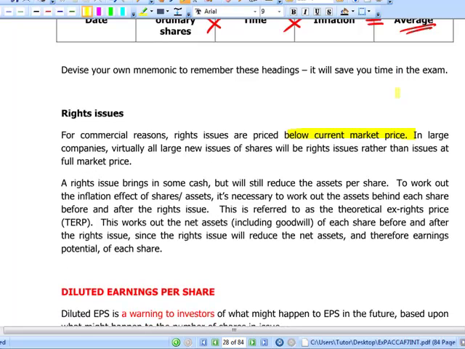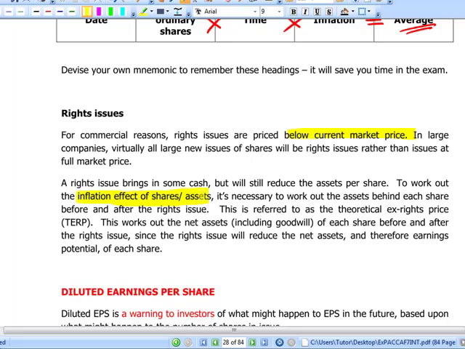That's why, to work out this inflation effect, we will work it out based on the number of shares that I can issue at the full price, using the before and after rights issue.